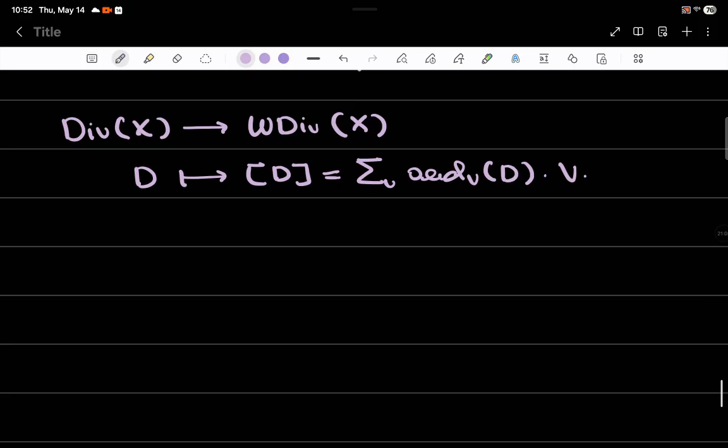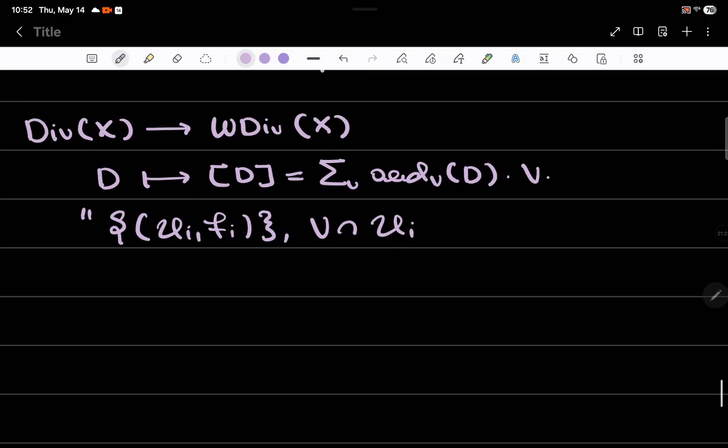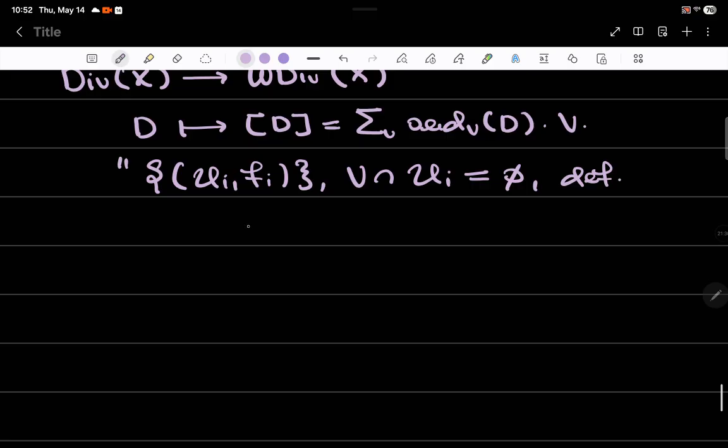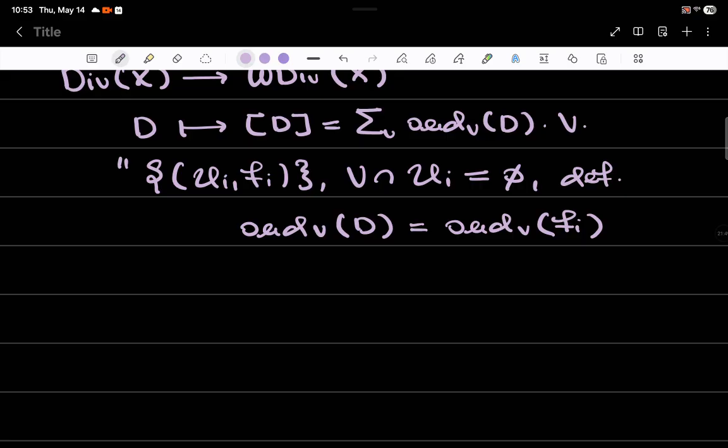So the way that we can define this order of vanishing is as follows. If D is defined by the data (U_i, f_i), and V intersects U_i non-trivially, so this is for every U_i that intersects V non-trivially, then define the order of D along V to be the order of vanishing of these f_i along V. And these are well defined because these functions agree up to units.